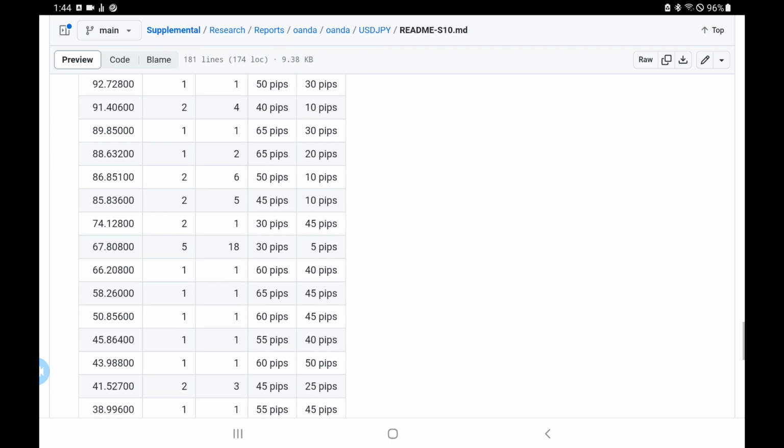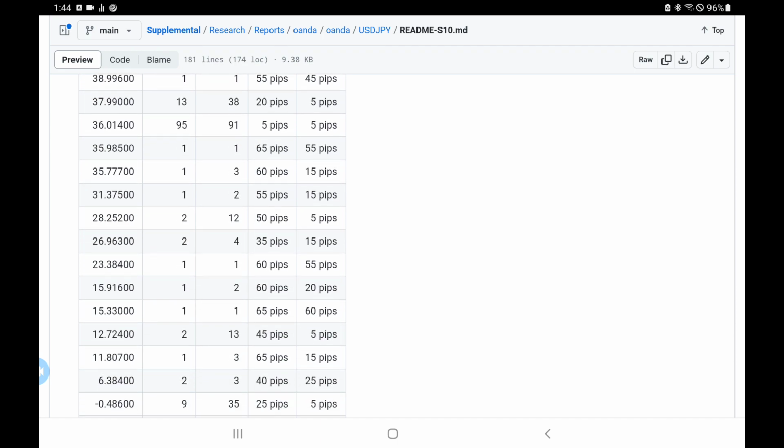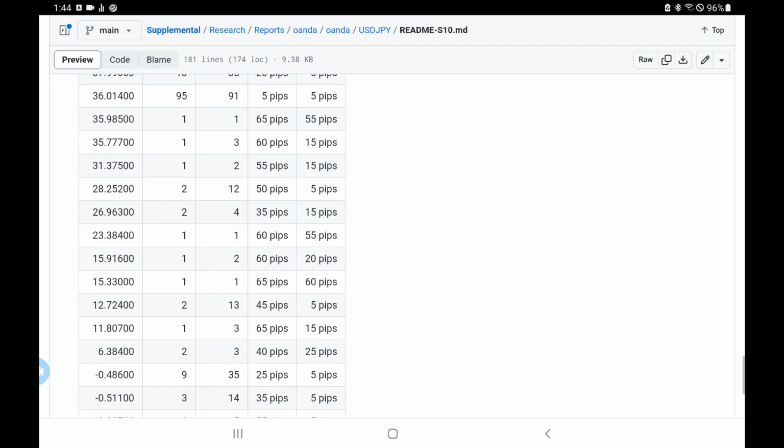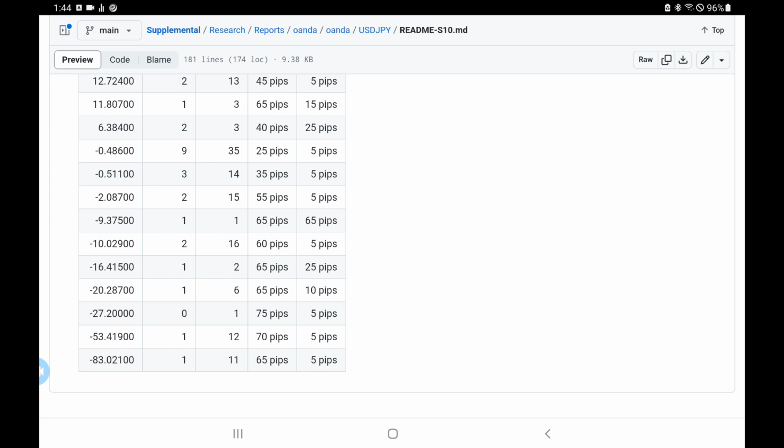And you can see the profitability drops quite drastically as the ratios change between stop loss and take profit. And you can even see at the very bottom of the table losing trades, and again their corresponding take profit and stop loss.